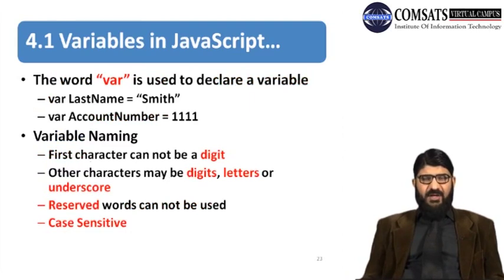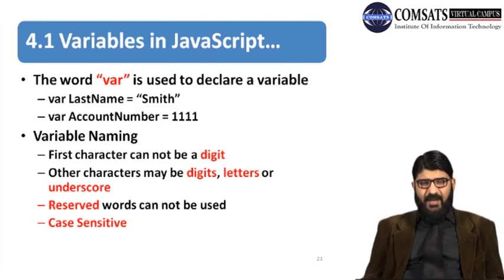Now considering variable declaration, how to declare a variable? The word var is used to declare a variable. By declaration, I mean when you mention var with a word, that particular word will act as a variable in JavaScript.